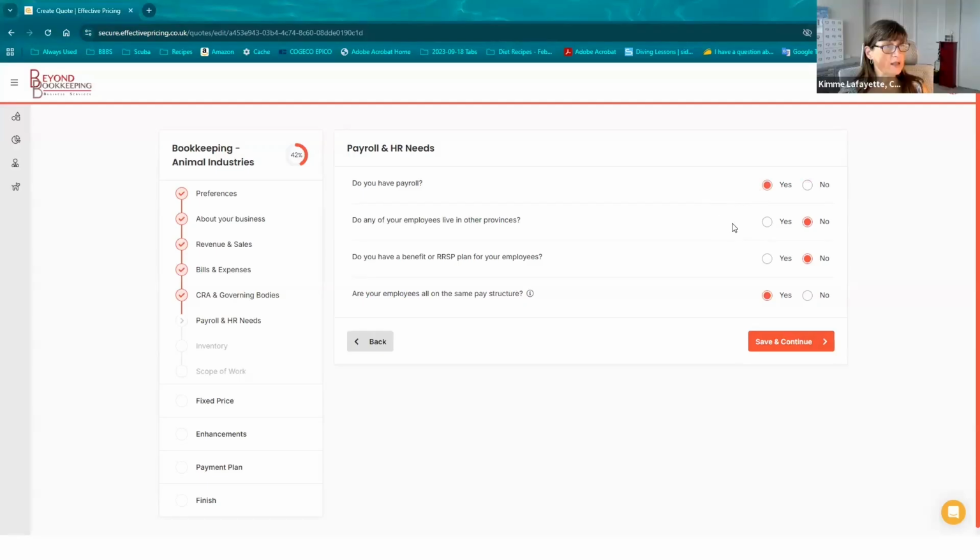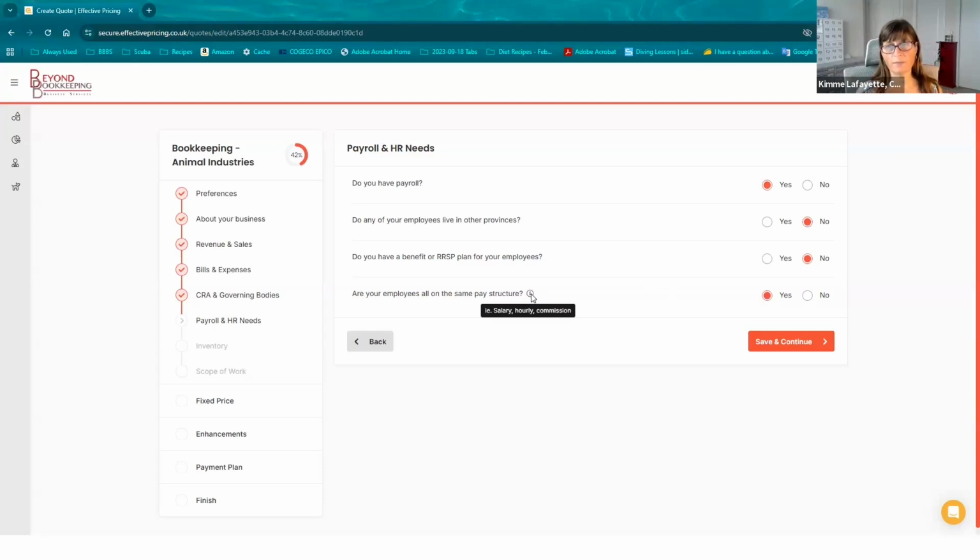Perfect. And then I'm going to assume as a groomer, then it's not a virtual assistant that will be working. They're going to be coming to your place of employment, so they're not going to be in another province. Are you planning to have a benefit plan for your staff when you hire them? Or RRSPs or anything like that? No, not yet. I was told not to offer benefits until I hit a certain revenue amount. Okay. And then I also said yes, that all of your employees would be on the same pay structure.